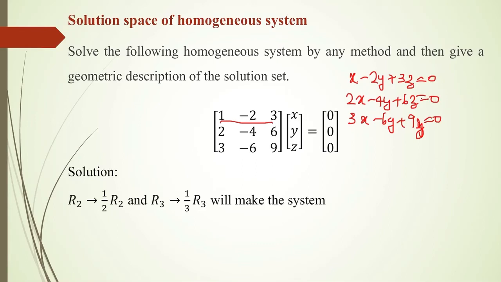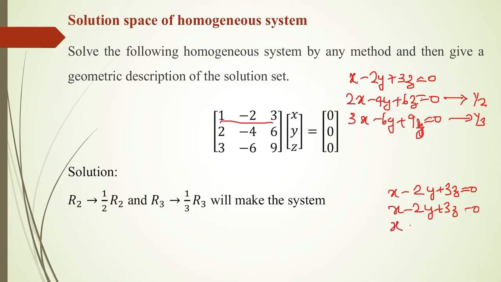Now what I am going to do is I will multiply the second equation with 1 by 2 and third equation with 1 by 3, so that I will get x minus 2y plus 3z equal to 0. Again the second equation will be x minus 2y plus 3z equal to 0.